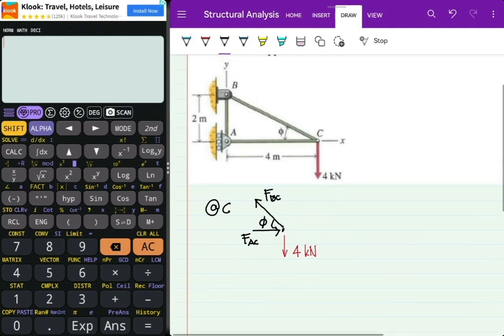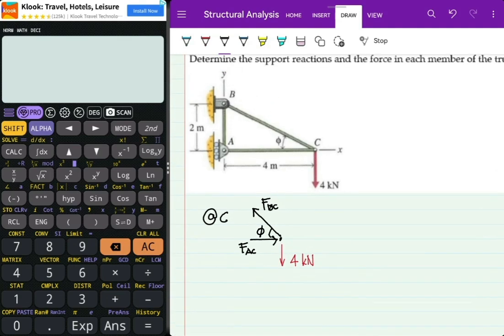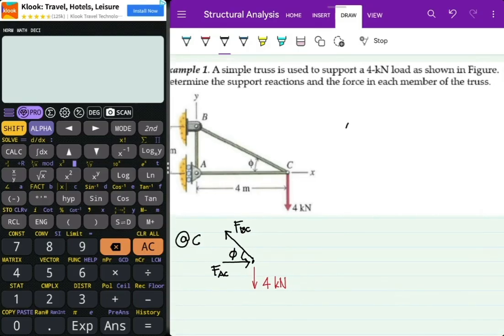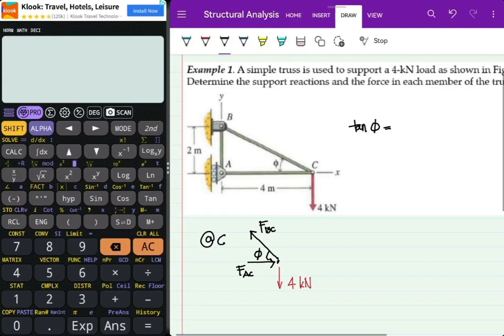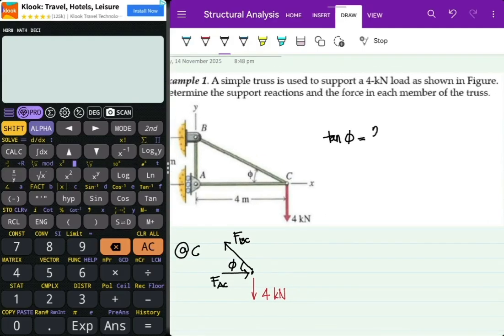Now before we proceed, we have to calculate also the value of our phi. Tangent phi is equal to the opposite of angle phi, which is 2, over the adjacent, which is 4, so therefore phi is equal to arctan of 2 over 4.